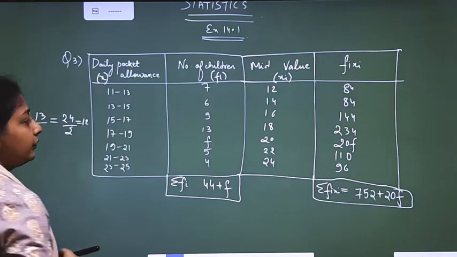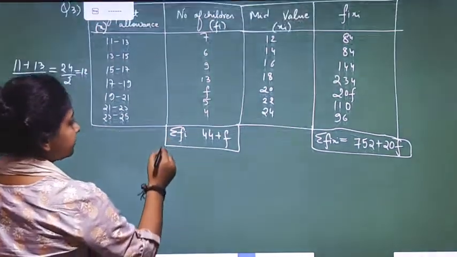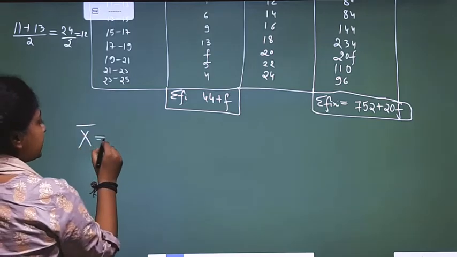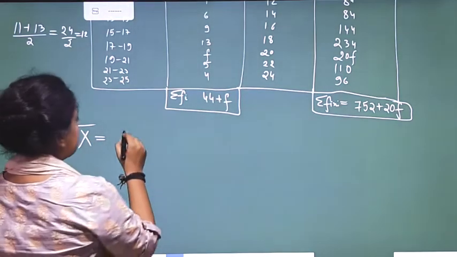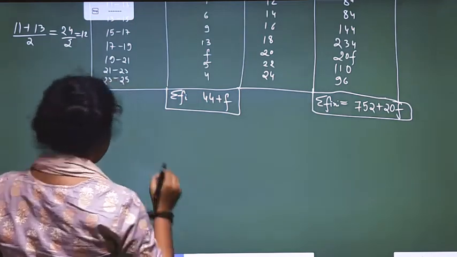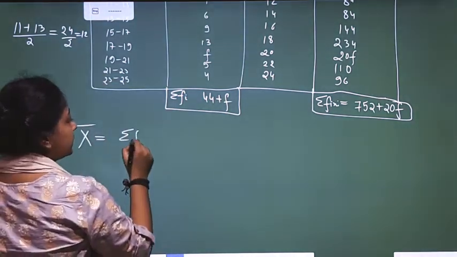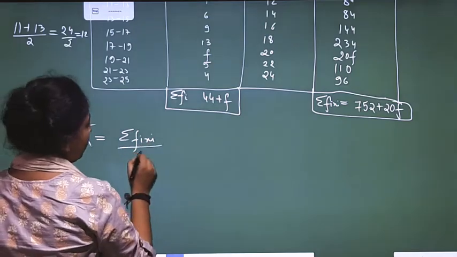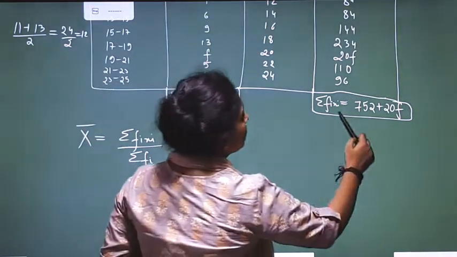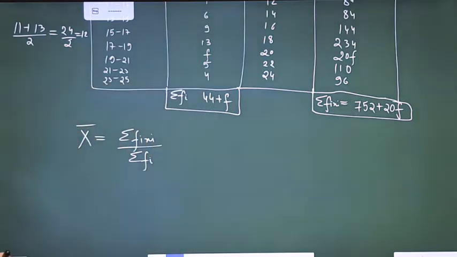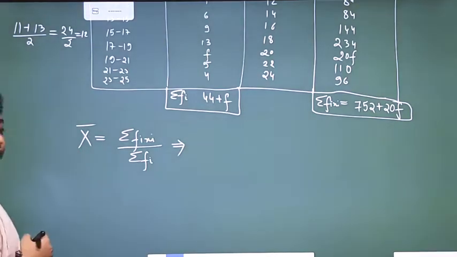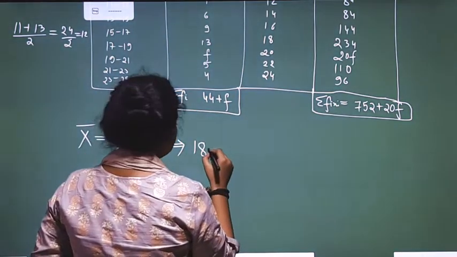Okay. Now we know the formula for mean. X bar is equal to summation fi xi upon summation fi. That means sum of all the observations upon total number of observations. We know the value of mean here is 18.